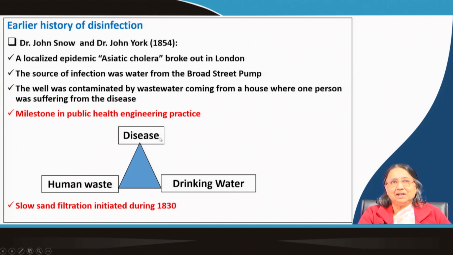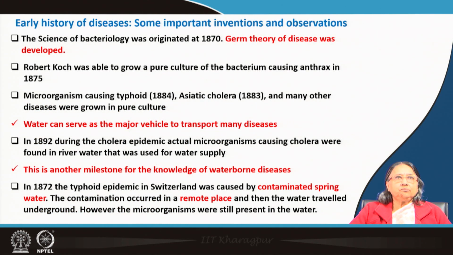From this incidence it is known. Slow sand filtration started even before that, in 1830, to purify the water. Now, the early history of diseases, some important inventions and observations.